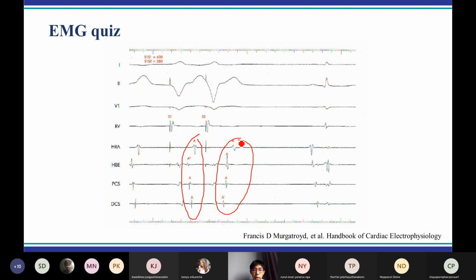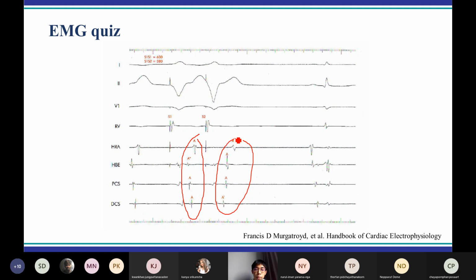Can you tell me why it happens just like this? Okay, so you are sure that there is some accessory pathway in this patient because it appears that there is an eccentric retrograde atrial activation.